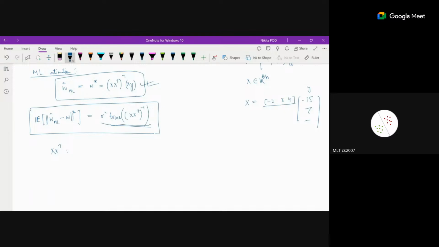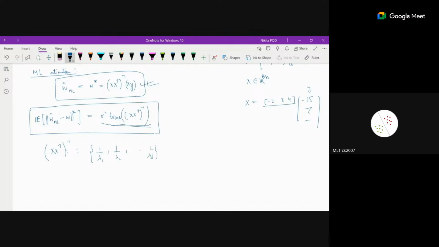And if I take the inverse of this matrix, then I get the eigenvalues to be the inverse of those eigenvalues, right? So if all the eigenvalues for XX transpose were, suppose, lambda 1, lambda 2 up to lambda d, then the eigenvalues for this inverse matrix would turn out to be 1 upon lambda 1, 1 upon lambda 2, and so on till 1 upon lambda d, right?